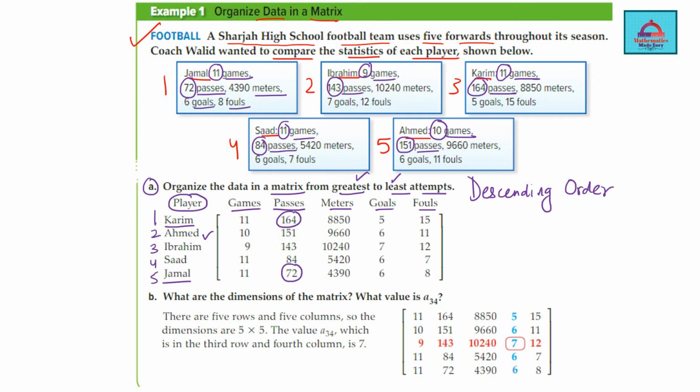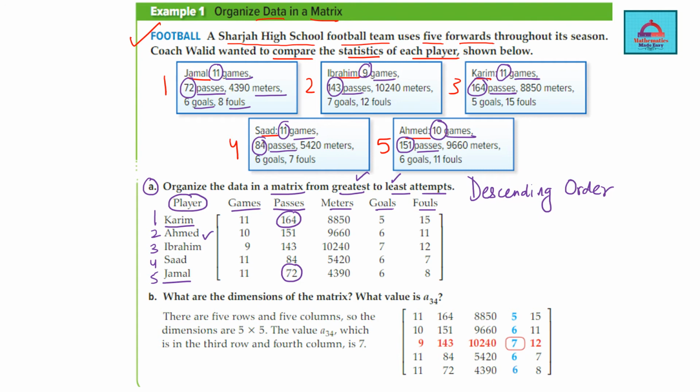What do I mean by that? If you are putting games, you put 10 below 11. If you are putting passes, you put 151 below 164. Meters 9660 below 8850, 6 below 5 and 11 below 15. So this is how you organize the matrix.